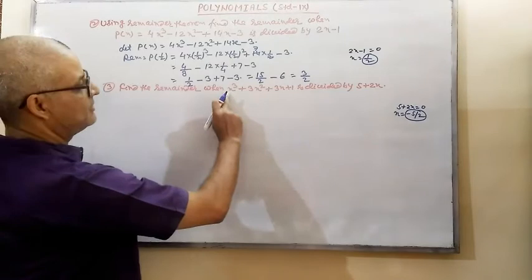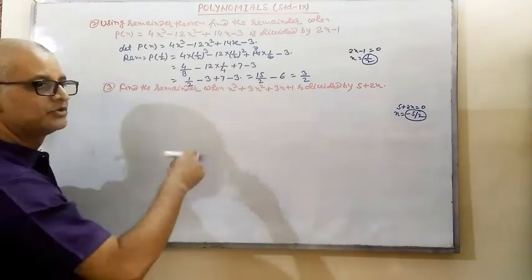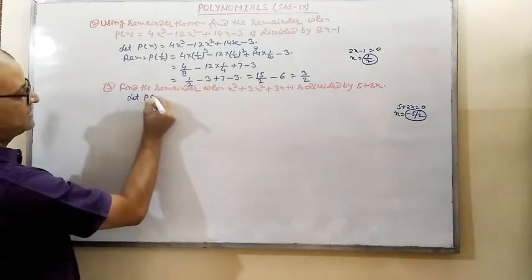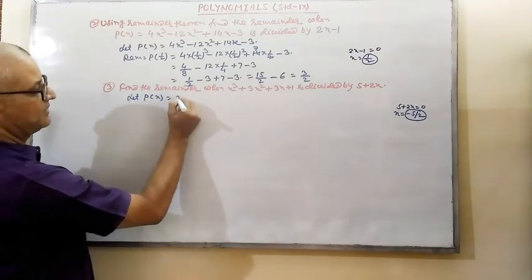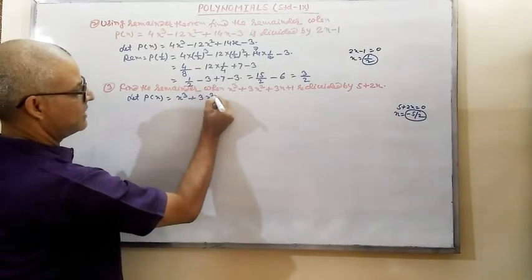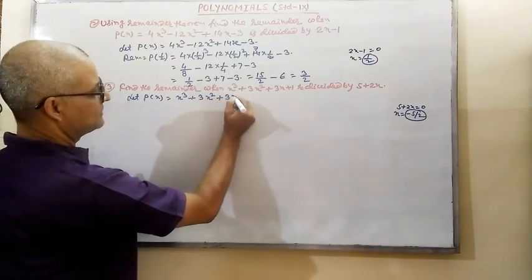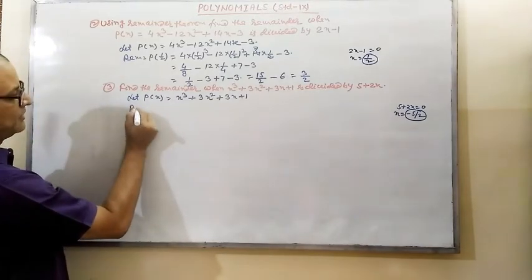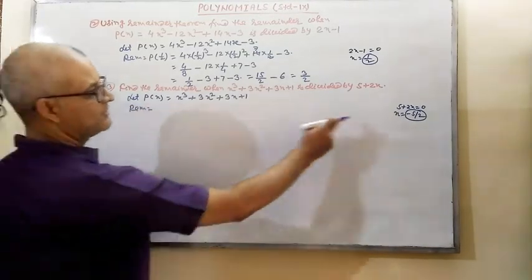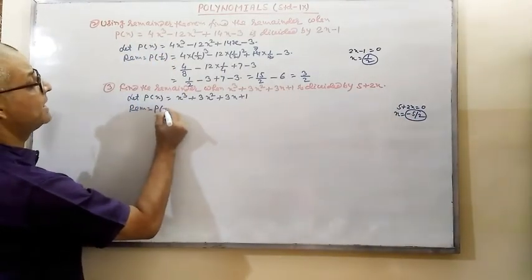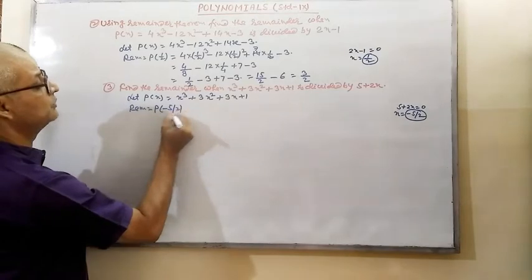Second thing, here the name of the polynomial is not given. So in that case we will suppose let p(x) is equal to x cube plus 3x square plus 3x plus 1. Now what is the remainder? The x value is minus 5 by 2, so the remainder is equal to p(minus 5 by 2).